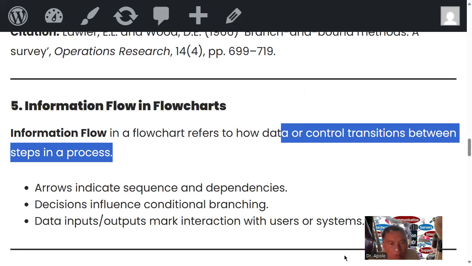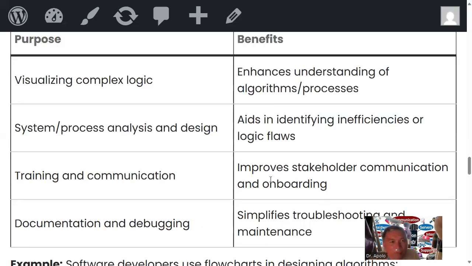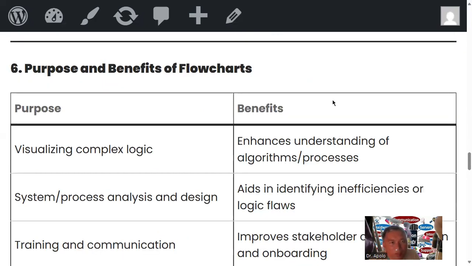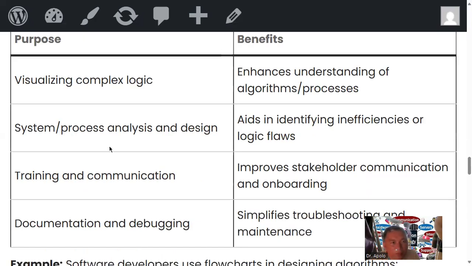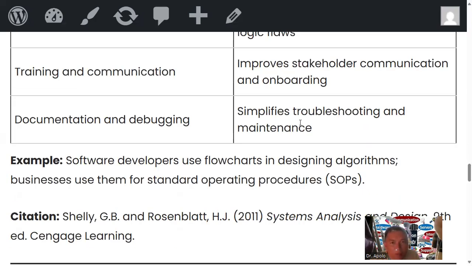Data inputs and outputs mark interaction with the user or system. The purpose is visualizing complex logic, and the benefits are enhancing understanding of algorithms, systems and process analysis and design. It aids in identifying inefficiencies or logic flaws. For training and communication, it improves stakeholder communication and onboarding. For documentation and debugging, it simplifies troubleshooting and maintenance.